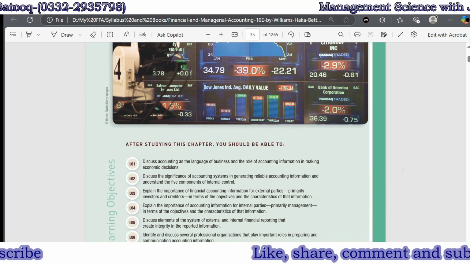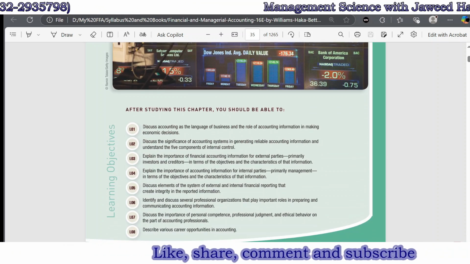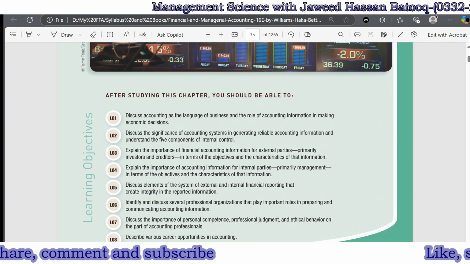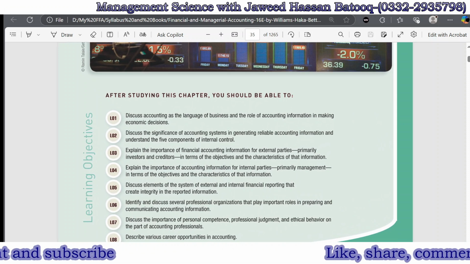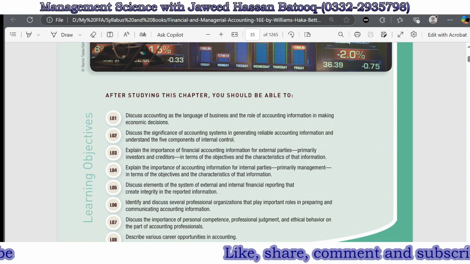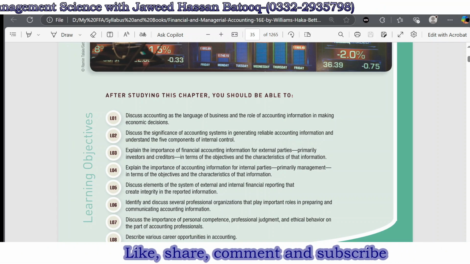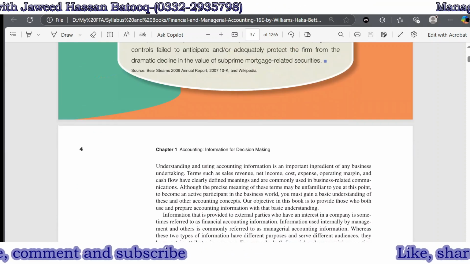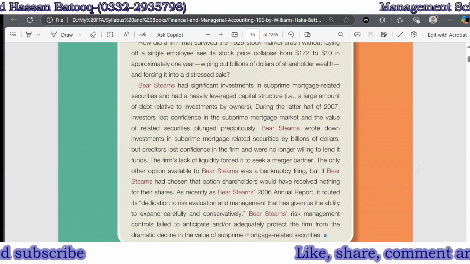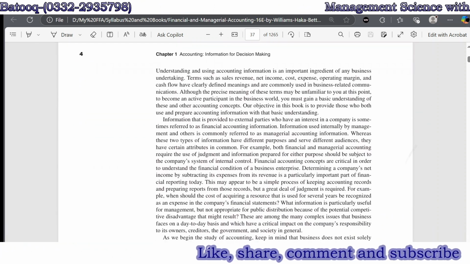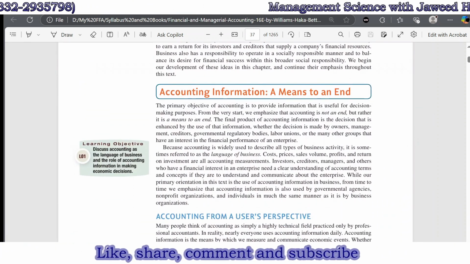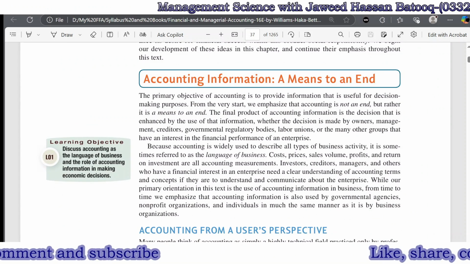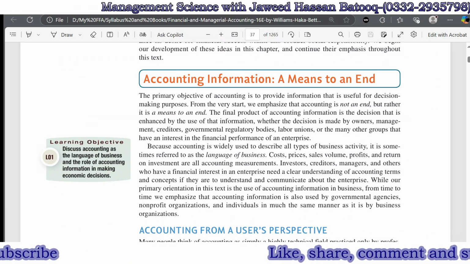So here in the chapter there are several objectives. Learning objective 1 is to discuss accounting as a language of business and the role of accounting information in making economic decisions, and this is what we are going to focus on today. Here is the main part: the primary objective of accounting is to provide information that is useful for decision making.